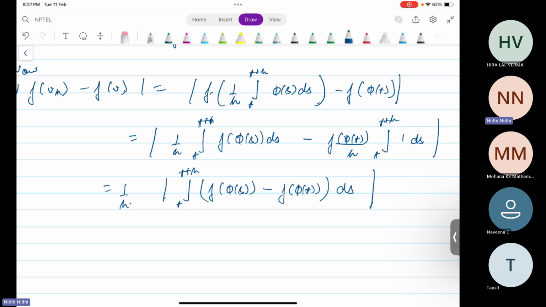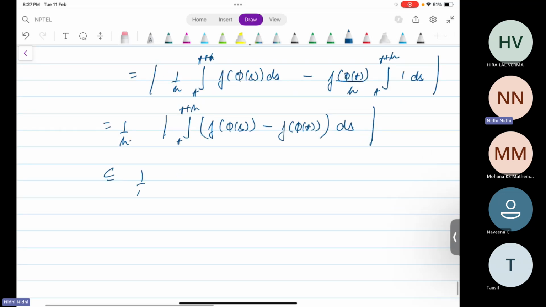Now this is less than or equal to 1 by h integration t to t plus h mod f phi s minus f phi t ds.